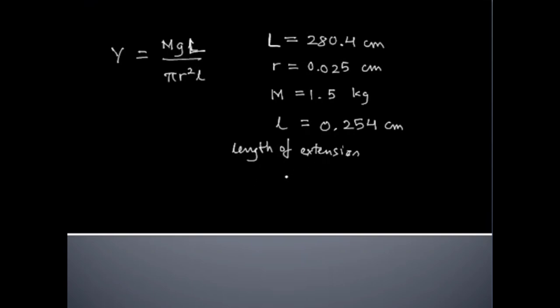And you are already aware that g, the acceleration due to gravity, carries a value of 9.81 meter per second square.